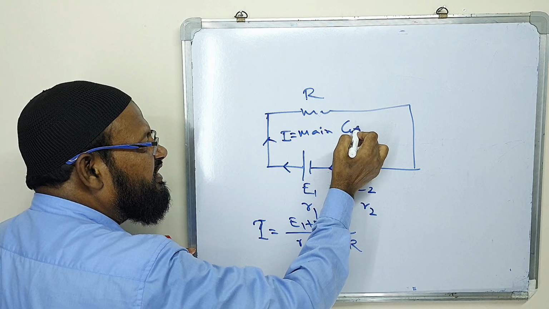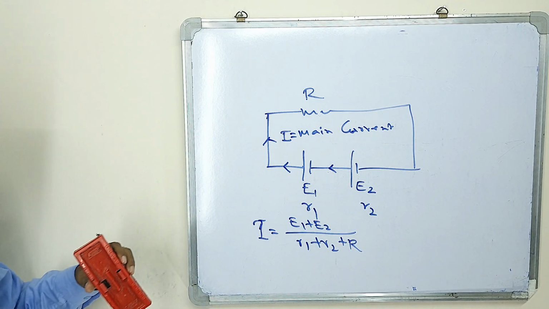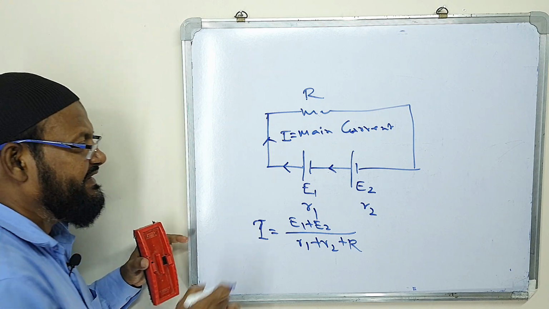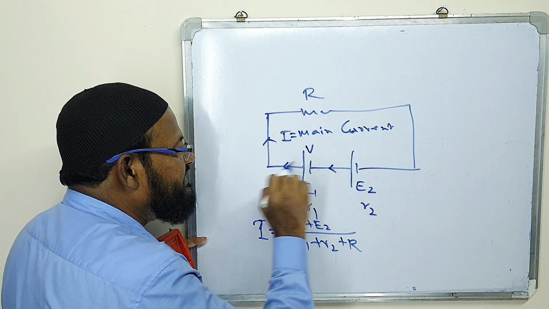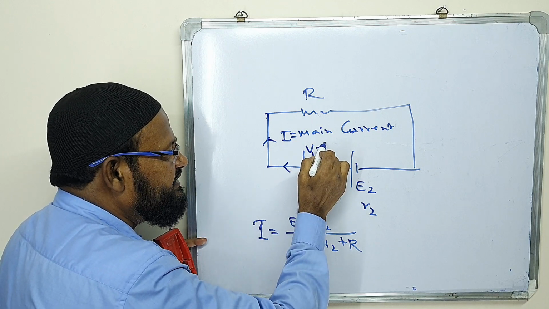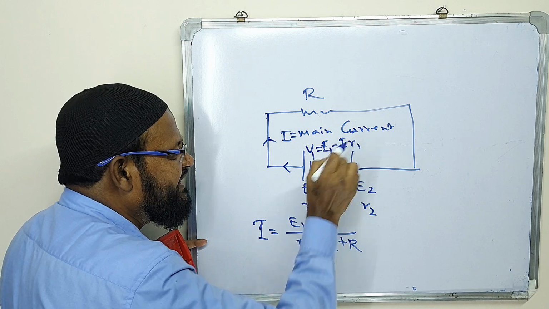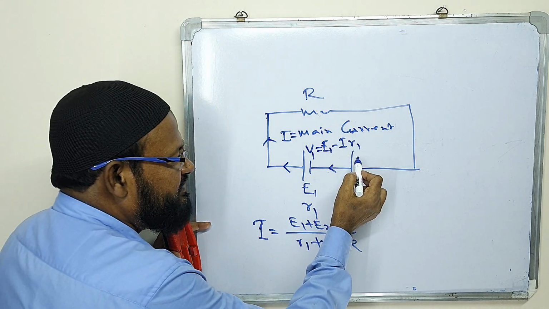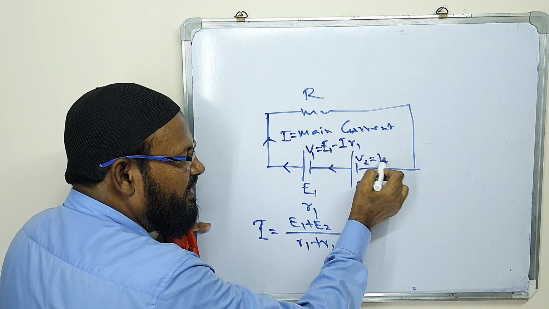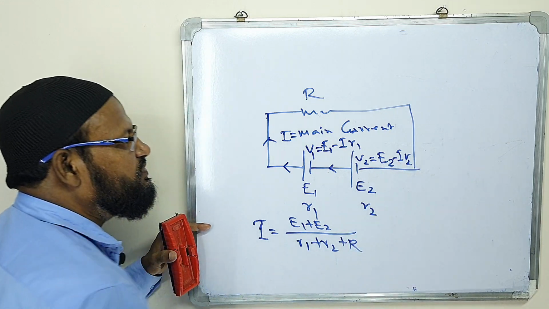Okay. This is the formula. Here is the potential difference V1, which equals E1 minus IR1. Here is the potential difference V2. What is this? Sir, E2 minus IR2.